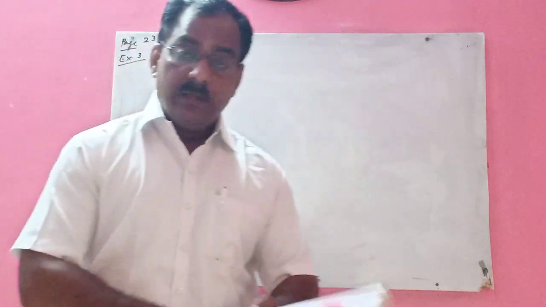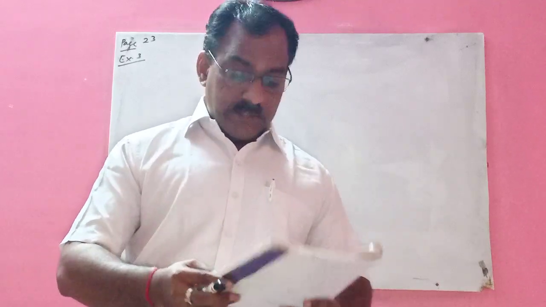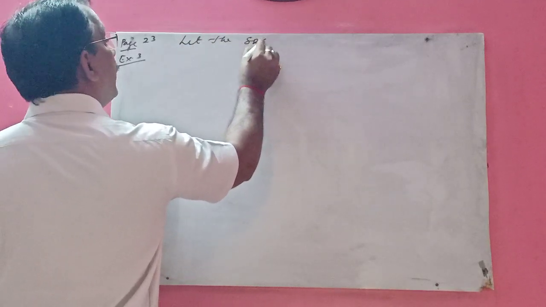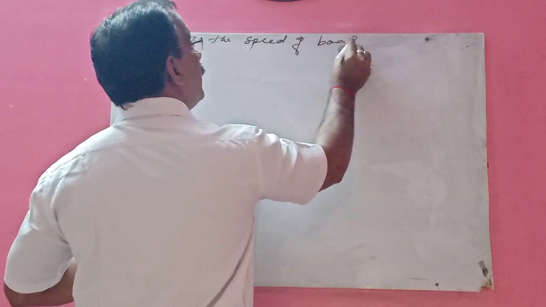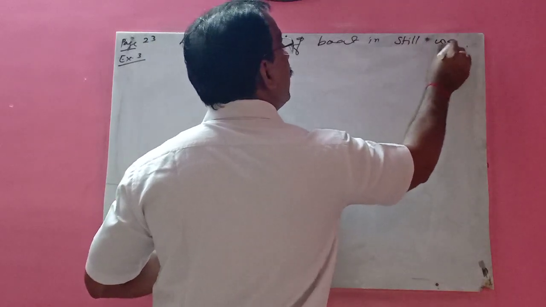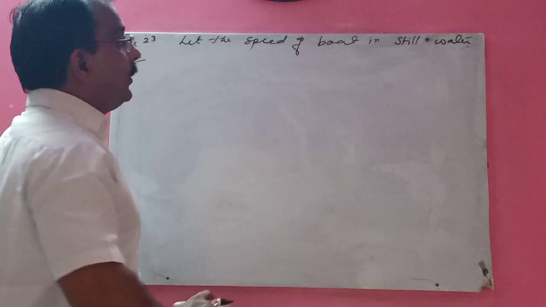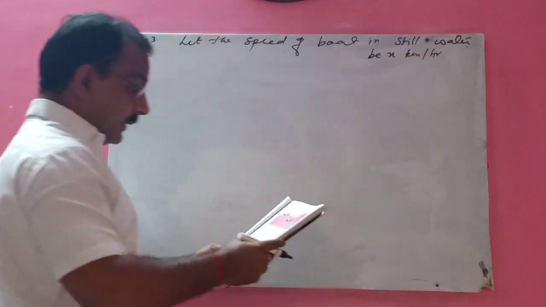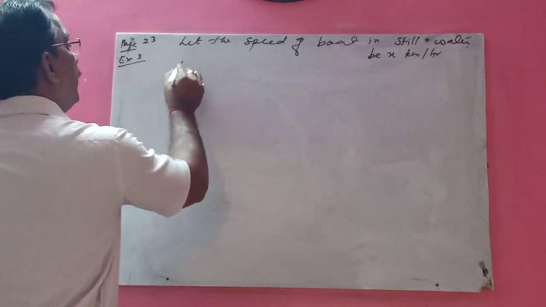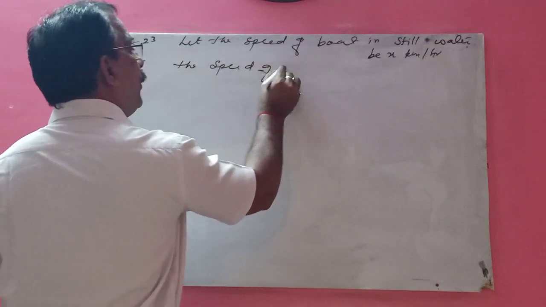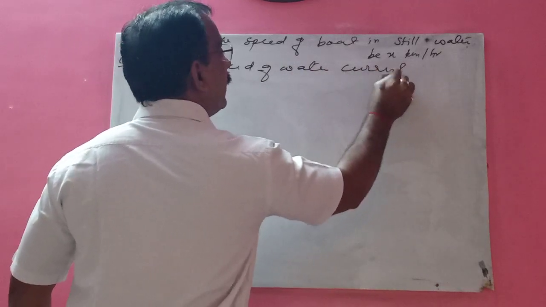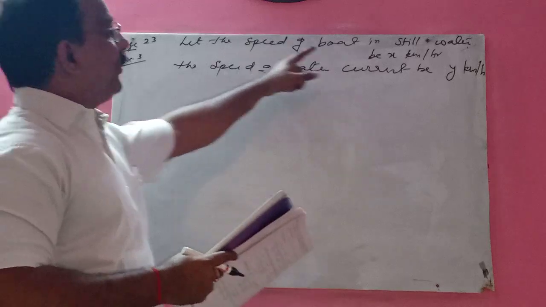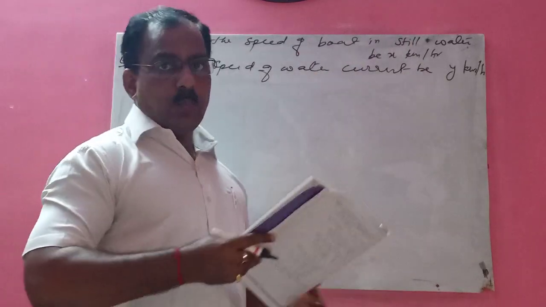As you can see in your textbook, it is given: let the speed of boat in still water, means water is not flowing, be x kilometer per hour, and the speed of water current be y kilometer per hour.